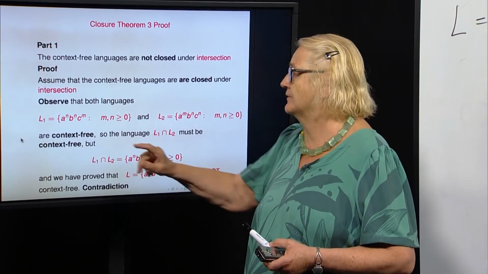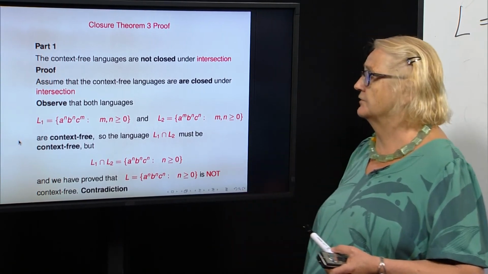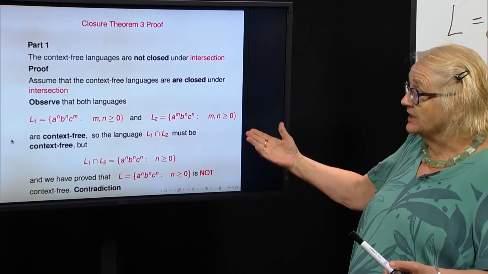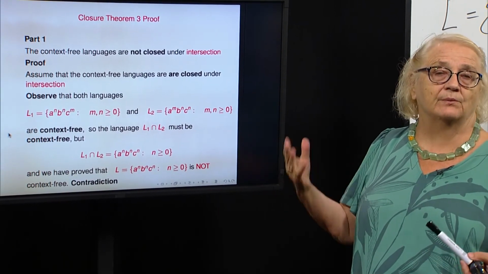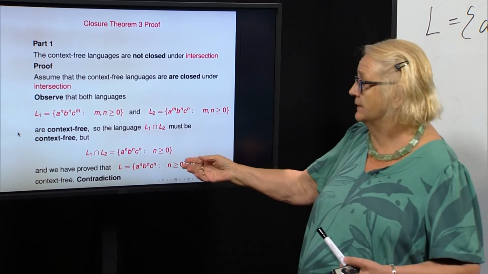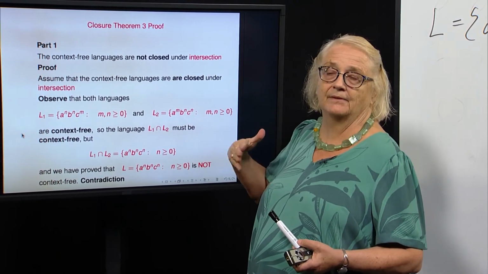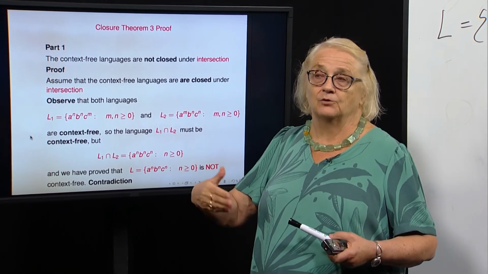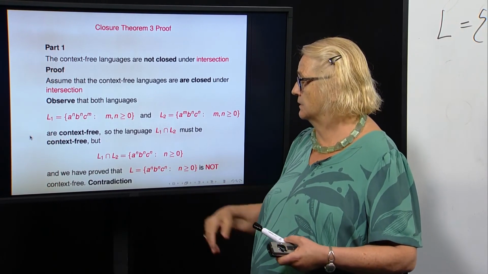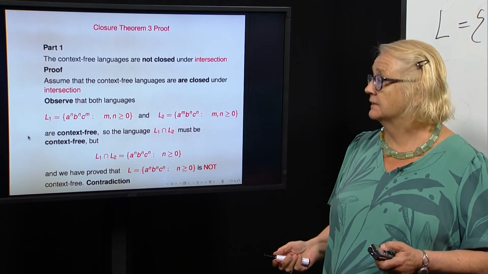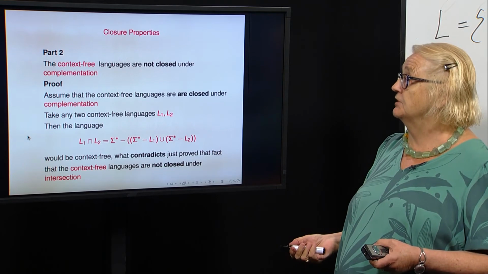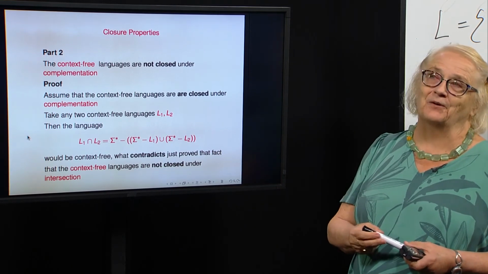These are two context-free languages, and their intersection gives exactly this language, so contradiction. That's why we needed to prove it. We needed a pumping lemma to prove that at least one language was not context-free. And context-free languages are not closed under complementation.